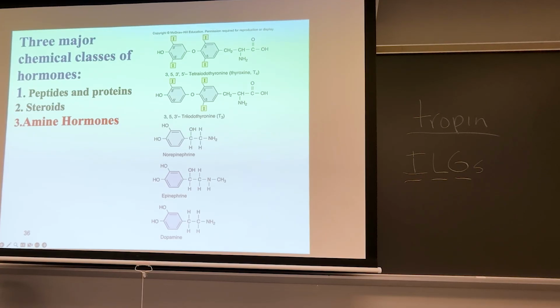So notice what we've done with epinephrine and dopamine is we simply have changed this group a little bit. We've added a methyl group for one of our hydrogens. And the norepinephrine looks a lot like epinephrine, but we don't have the methyl group attached to it. And so we also have two hydroxyl groups here on that first carbon coming off the ring that dopamine doesn't have.